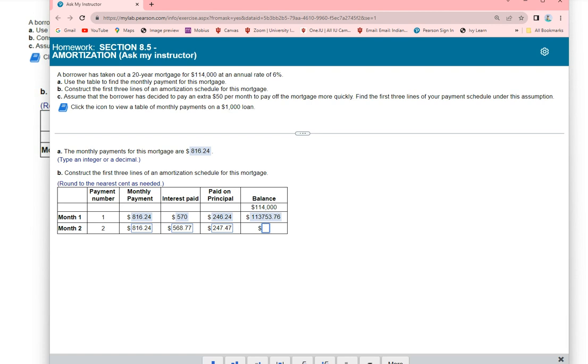And now I have to take the previous balance. Now there's $113,000 that I still owe, but they'll apply 247, which is a little bit more than it was the first time, because they'll keep taking less and less on interest, which means more and more of your $816 check will be applied to your balance. So let's see.